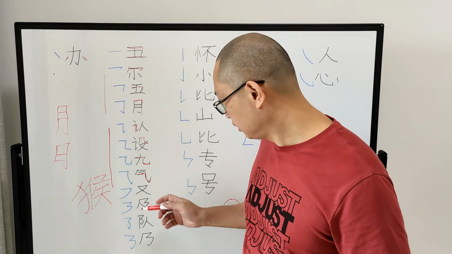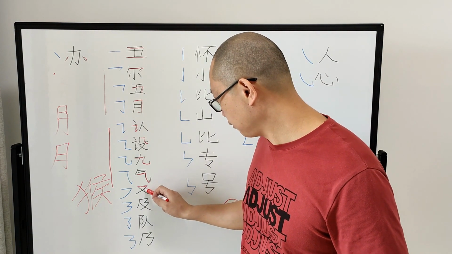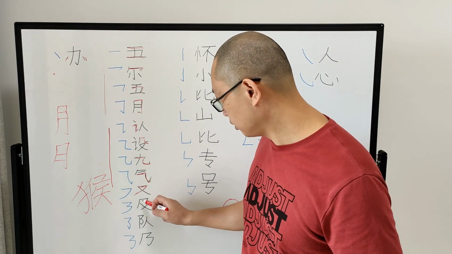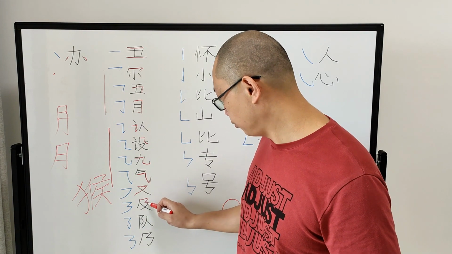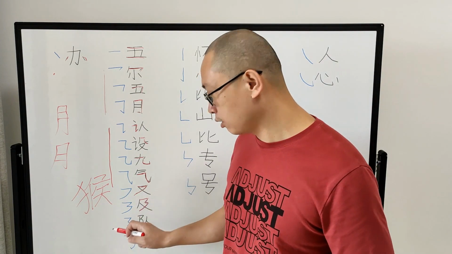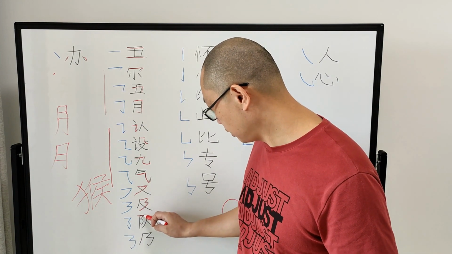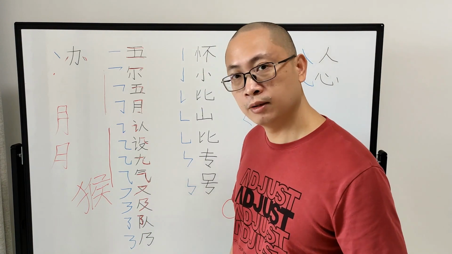Okay, next, horizontal, left side folding, and next, horizontal, bend, and the left side folding. Next, horizontal, bend, left side folding with a hook.